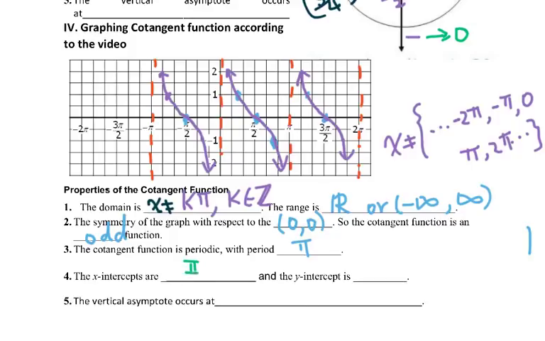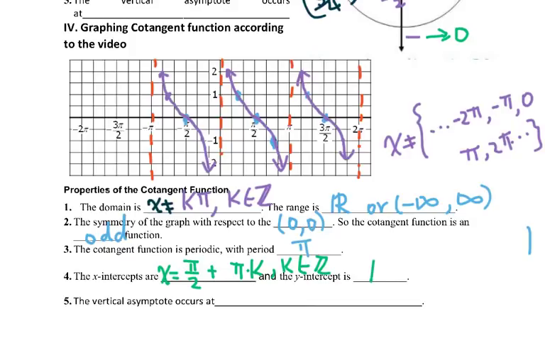Basically, it's pi over 2, you add that period, which is pi, times k, or k times pi. Then you can write down k is all integers. Let me write down x equals.